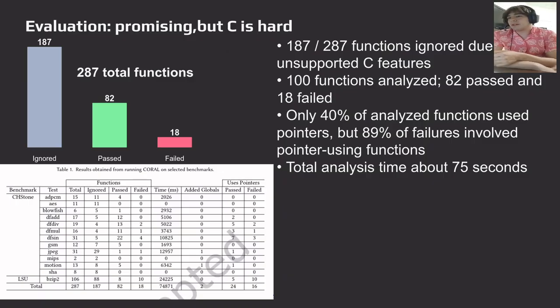Maybe the testing suite they had was not sufficient, but when they looked at the ones that they did use, only 40% of the functions had pointers, and most of the failures had basically pointer arithmetic and pointer functions. In total, for doing all of these functions, it took them about 75 seconds.